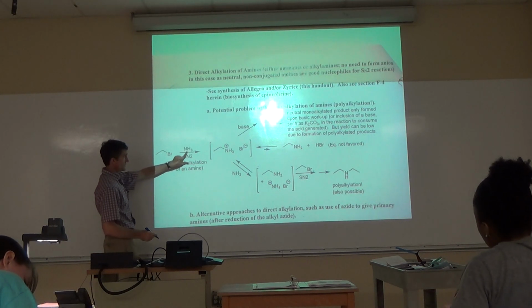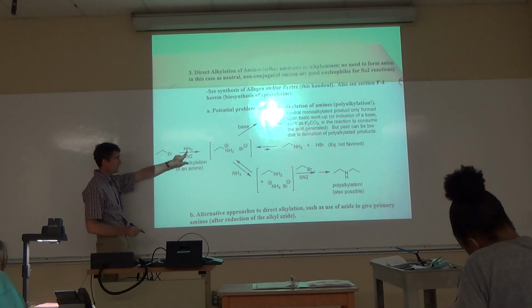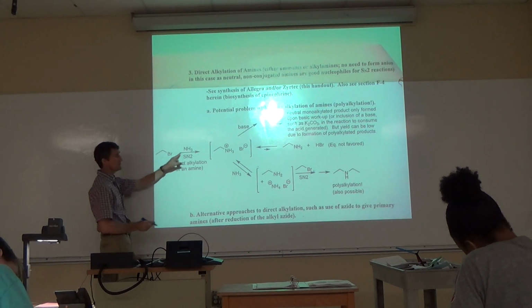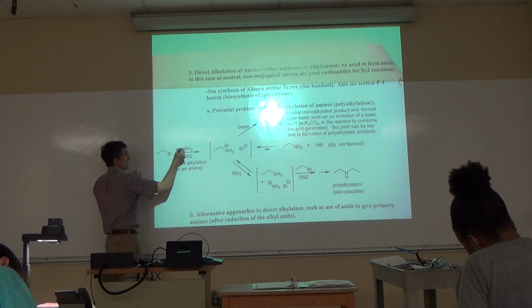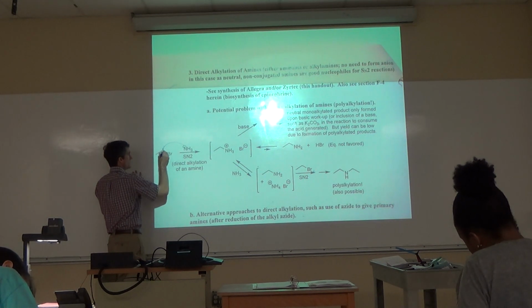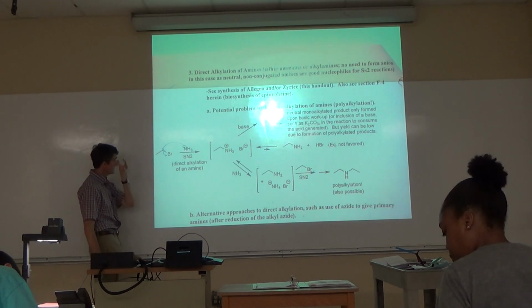And by the way, this is just ammonia. Ammonia is a pretty good nucleophile because it has no sterics, neutral nitrogen. This can react here, kick off the leaving group.